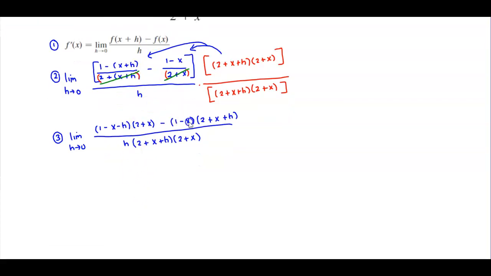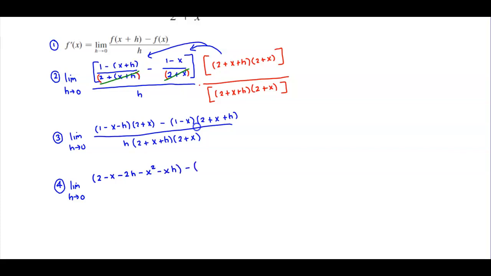Okay, so now we're going to multiply these two out. When we multiply them out, we get 2 minus x minus 2h minus x squared minus xh.